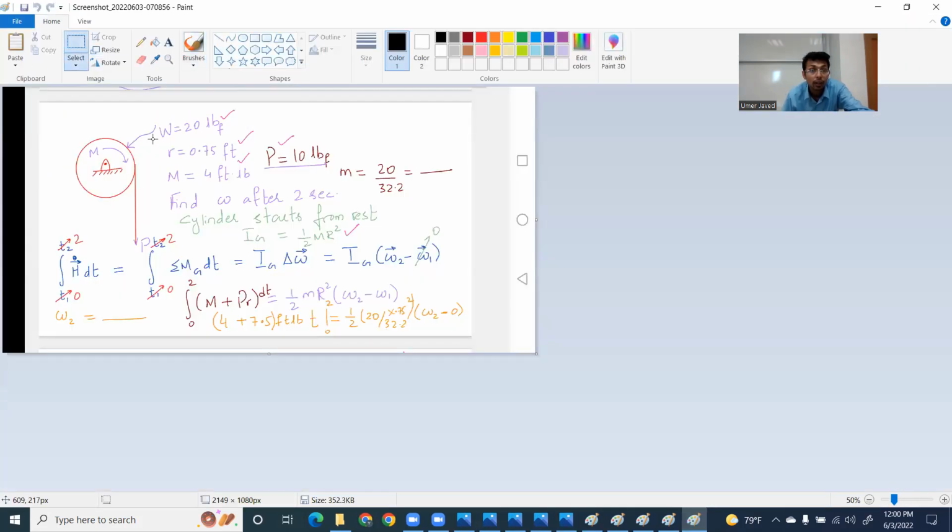So we have P is equal to, is this given to us? Find omega after 2 seconds. P, I think, is given to us. It starts from rest.